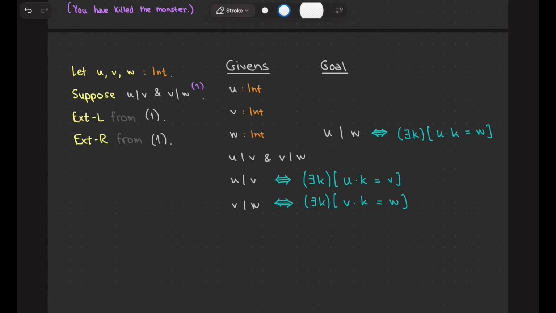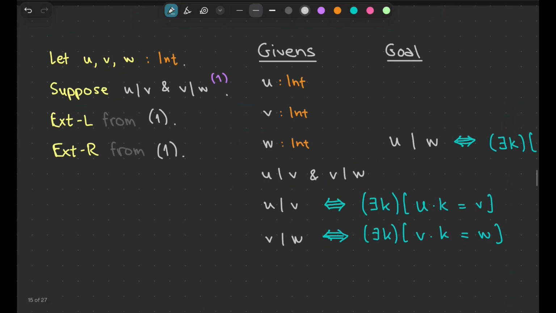So how should I proceed? I could write something like that, and this is something I want to use to irritate you a bit.